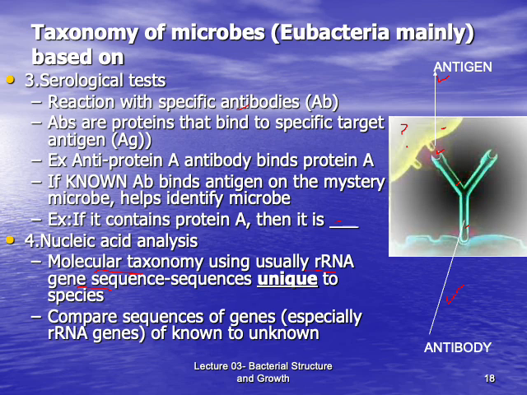These are used because you can have two different but closely related microbes, and they might have the same gene sequence for some enzyme, like hexokinase. They're different microbes, but the gene sequences for their hexokinases are the same. But usually the rRNA gene sequence is very particular. You can have two really closely related microbes, but if they're different microbes, their rRNA gene sequences will be different.